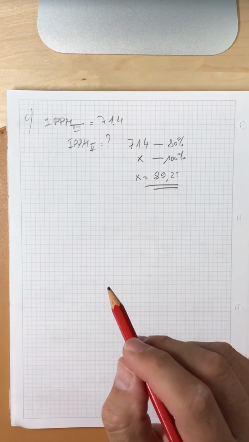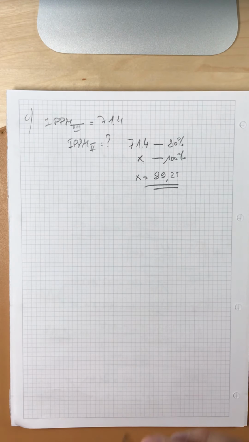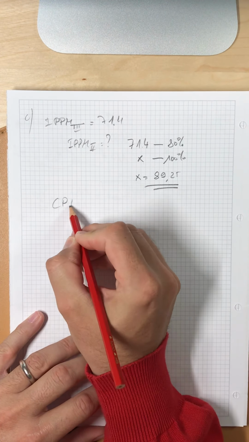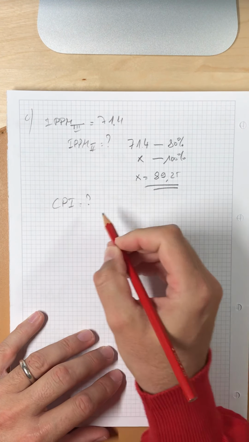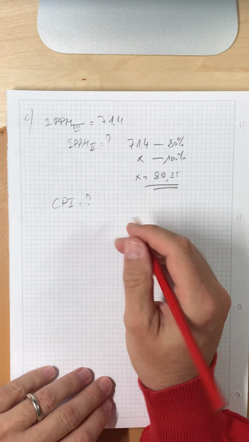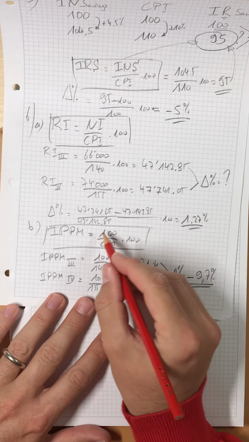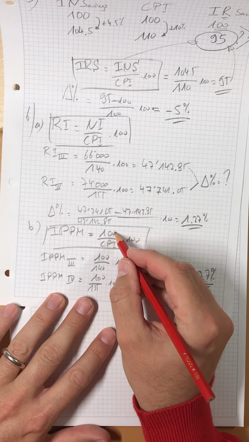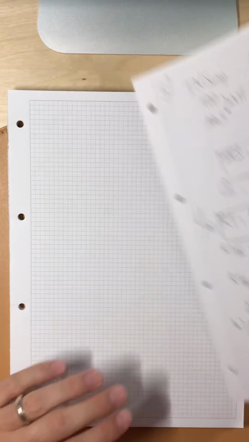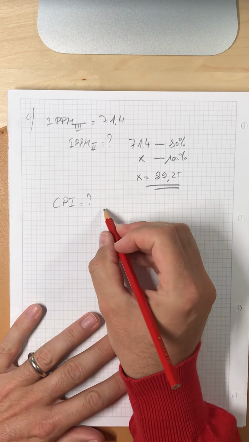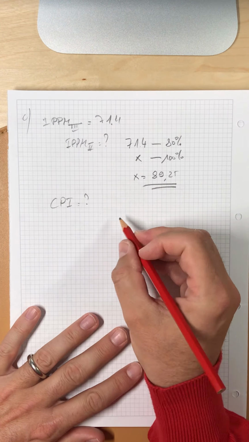The question is to compute the CPI. So the CPI, question mark. You will use this formula: IPPM is equal to 100 over CPI times 100. And you will replace with what you know.